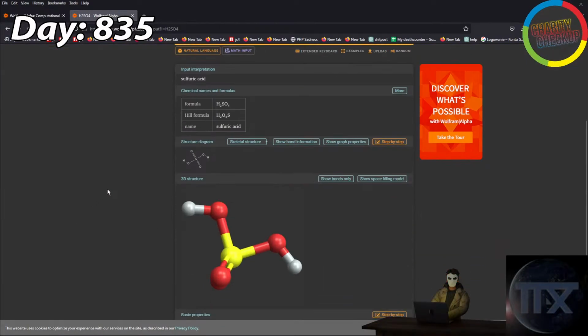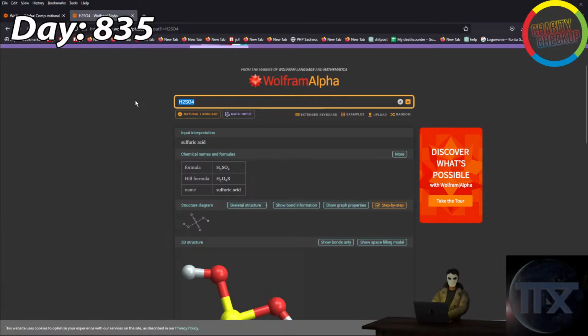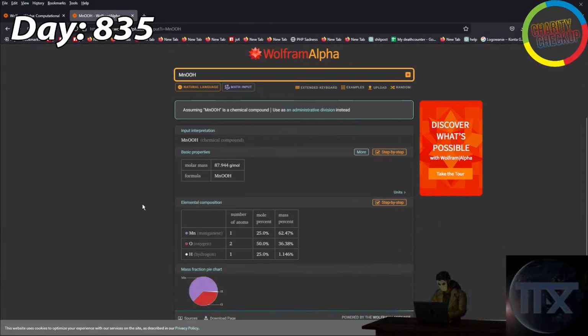I'm curious, sulfuric acid. Okay, with sulfuric acid it does give a 3D structure. So do we just not know what manganese oxyhydroxide looks like? We just do not. That could be. It's fine. It's highly unlikely. That's the problem.